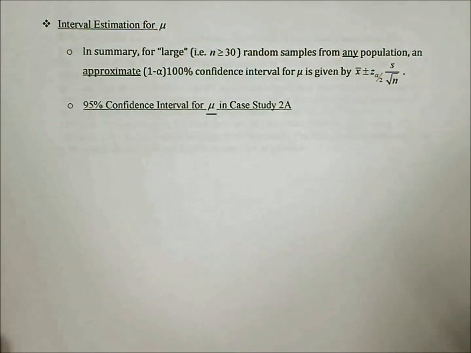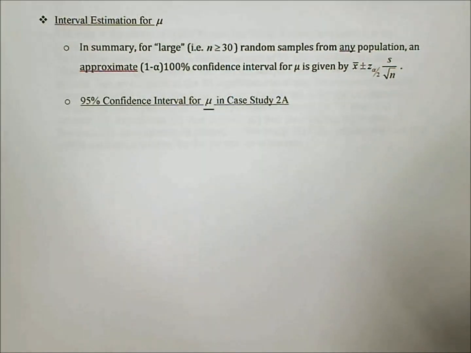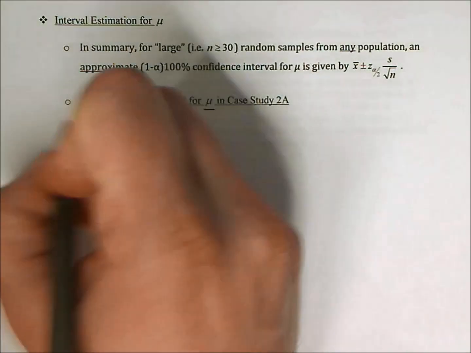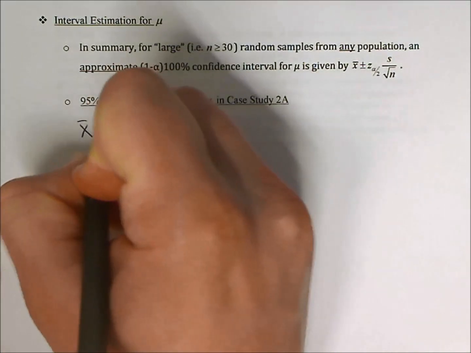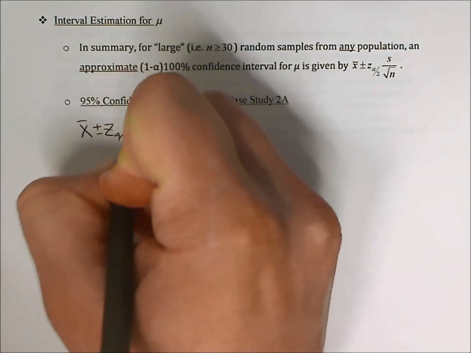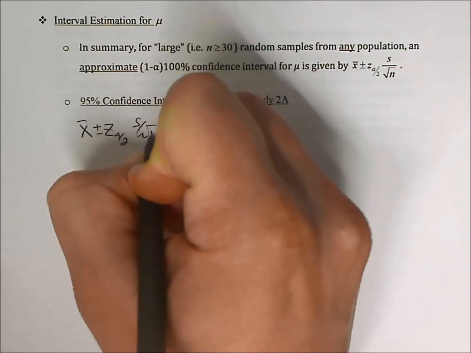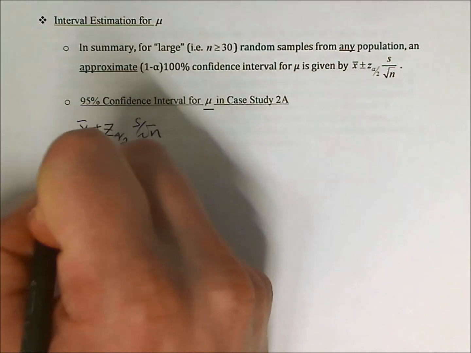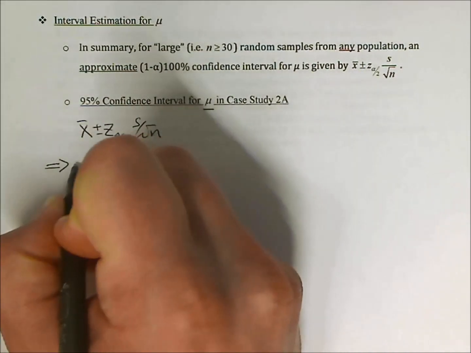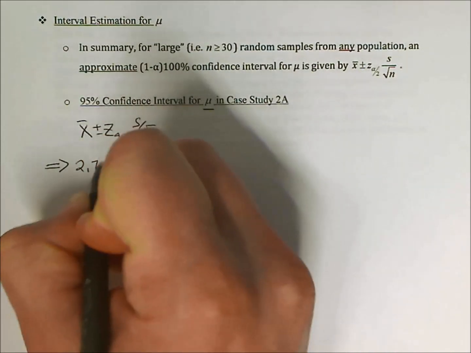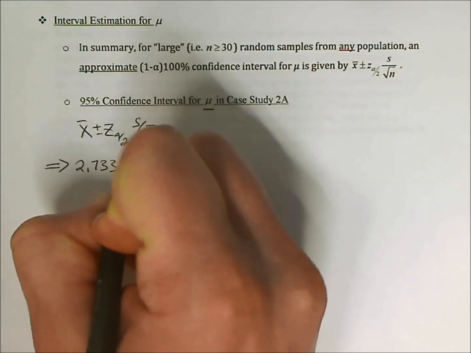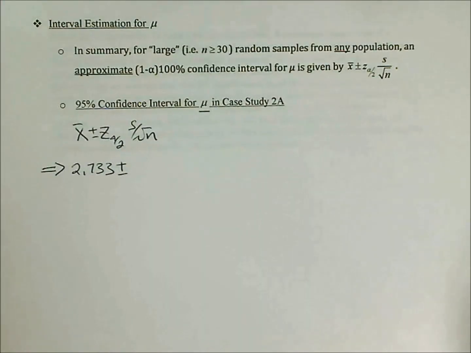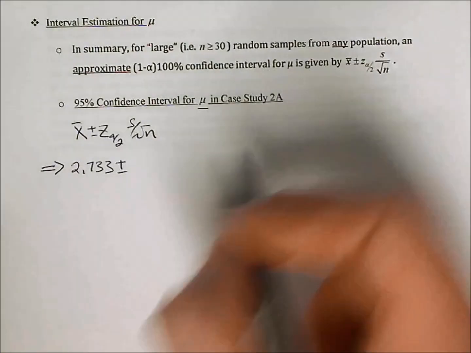A 95% confidence interval, and we're going to use this formula: X bar plus or minus z percentile times s over root n. Well, from our sample, recall the sample mean is 2.733 plus or minus, and we've got to figure out what our z value is.